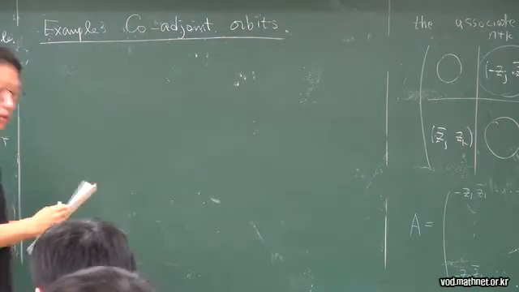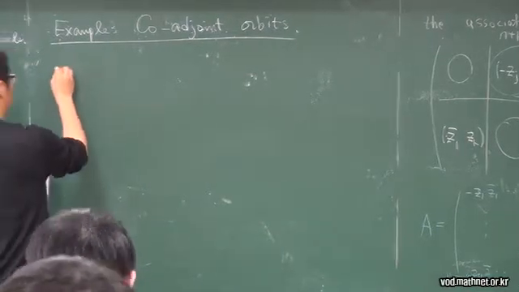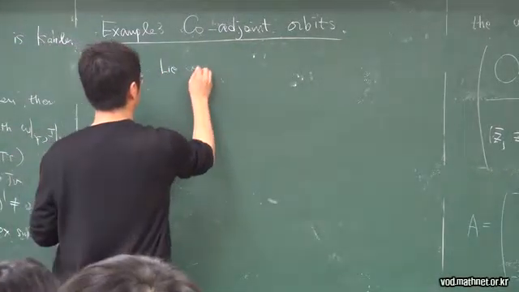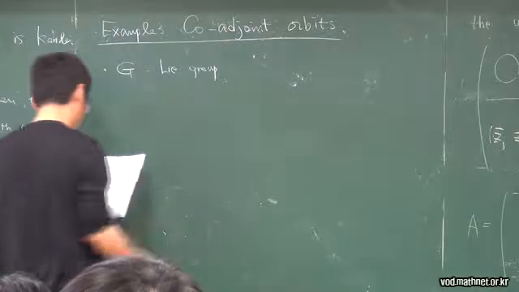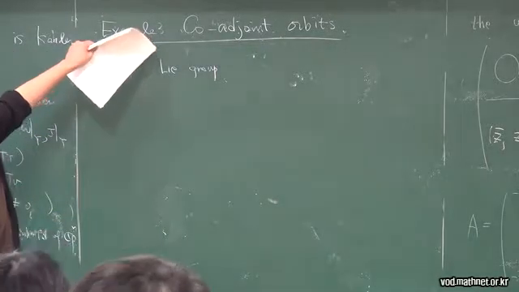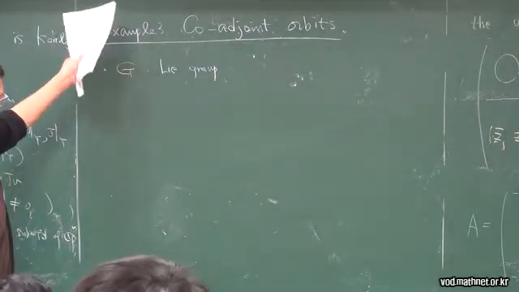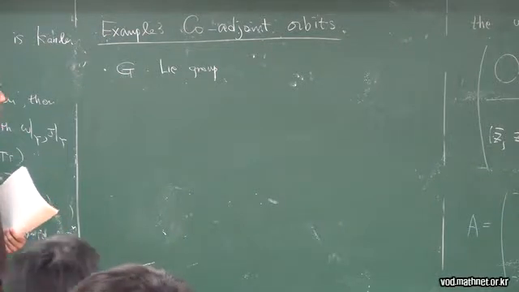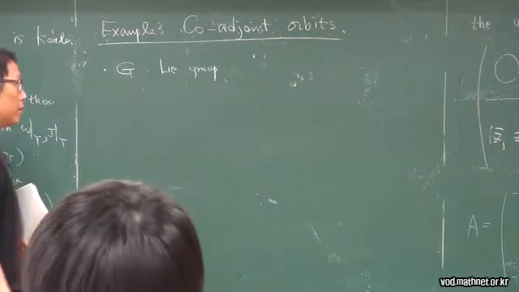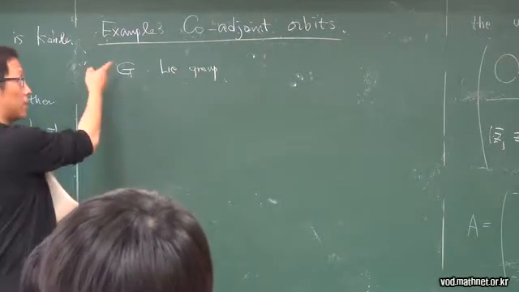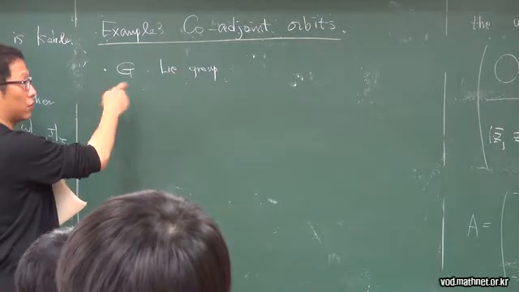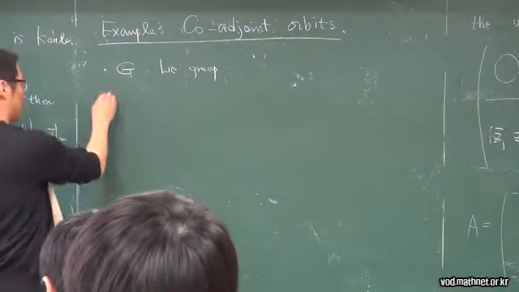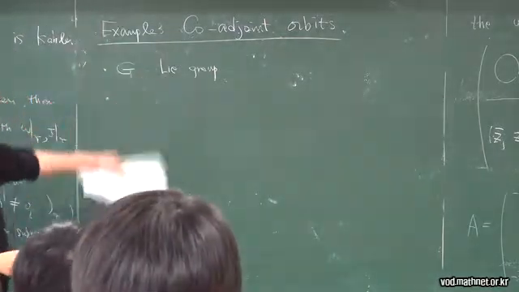So to do this, we take a Lie group G. We will use this later: after I explain the Hamiltonian action, I will give an example of a Hamiltonian action with the coadjoint orbit.